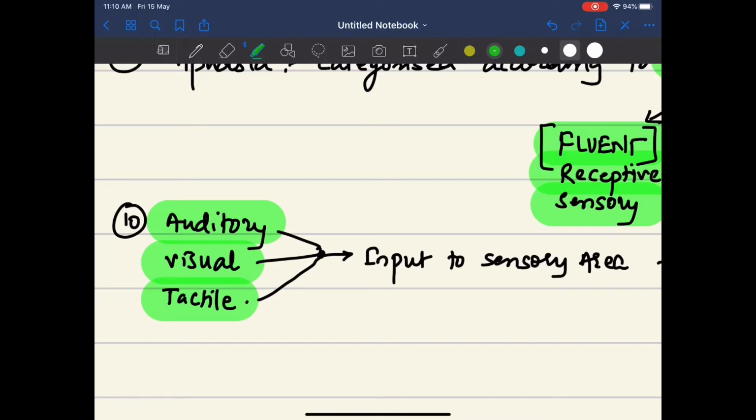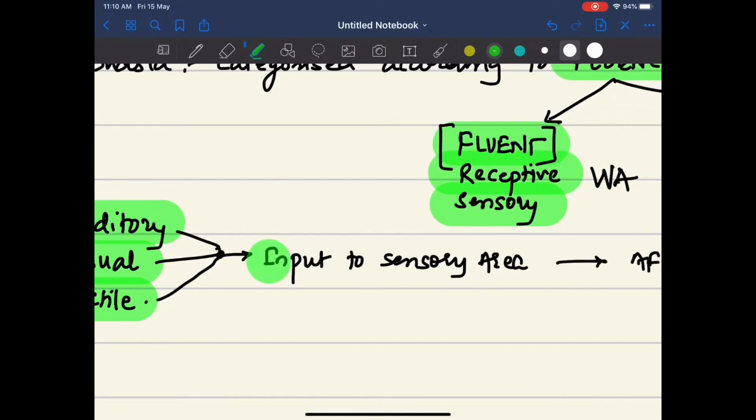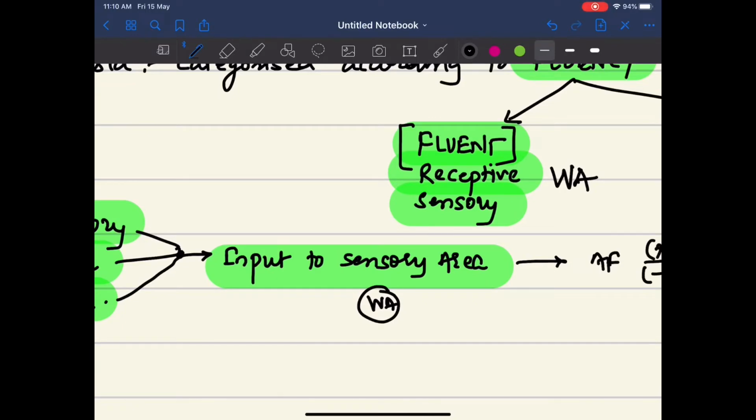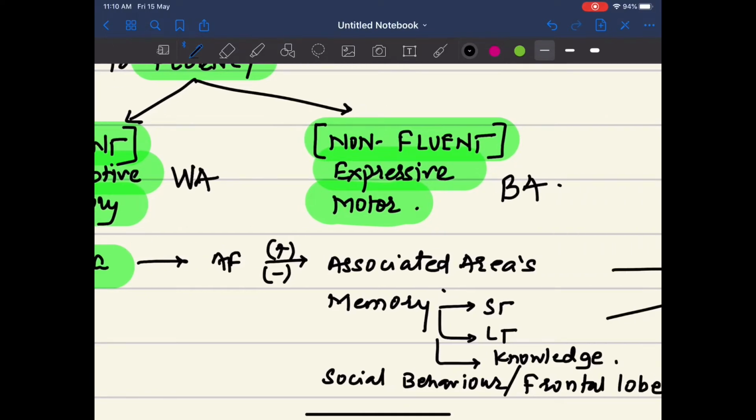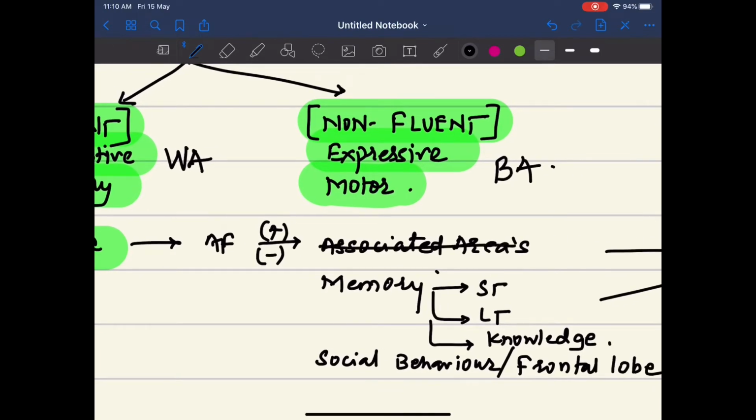This is a sensory input, okay, which gives input to your sensory area. Which is your sensory area? Sensory area is nothing but your Wernicke's area. That Wernicke's area will assess this information from various sensory inputs, and this Wernicke's area will correlate or gather information from associated areas.